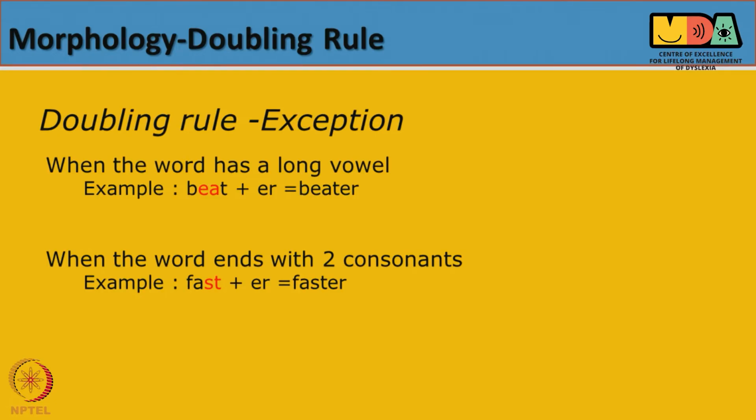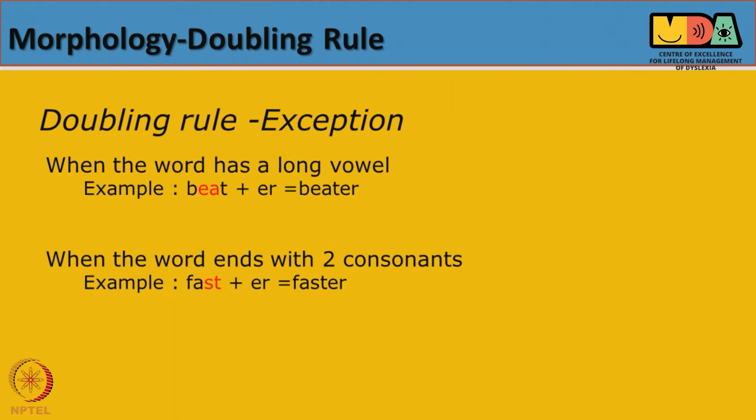Now, let us see, there are exceptions as always. So, what is the exception in this doubling rule? When you have a word with a long vowel sound, for instance, the word beat, E is a long vowel there. In order to add your vowel suffix, you do not double the last letter.